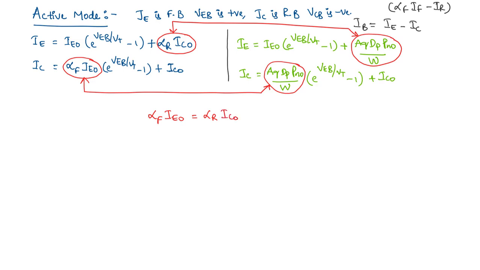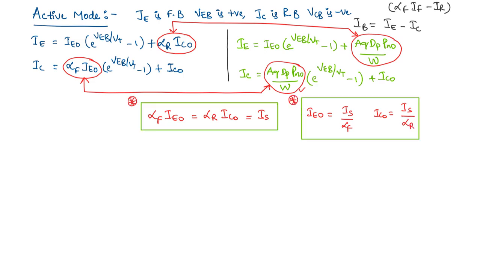Now as these two quantities are equal, let's call this quantity over here as IS, which means we can represent IE naught is equal to IS over alpha F and IC naught as IS over alpha R. Now having known these expressions, let's rewrite the equations that we had.